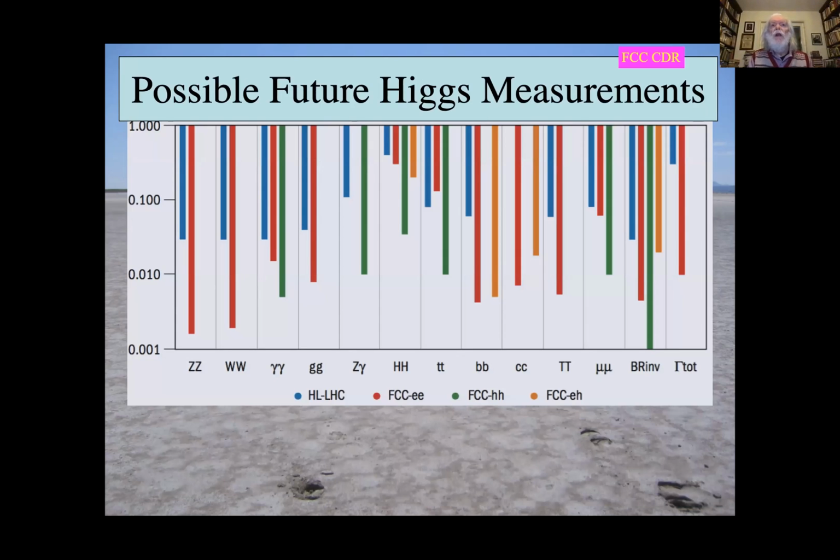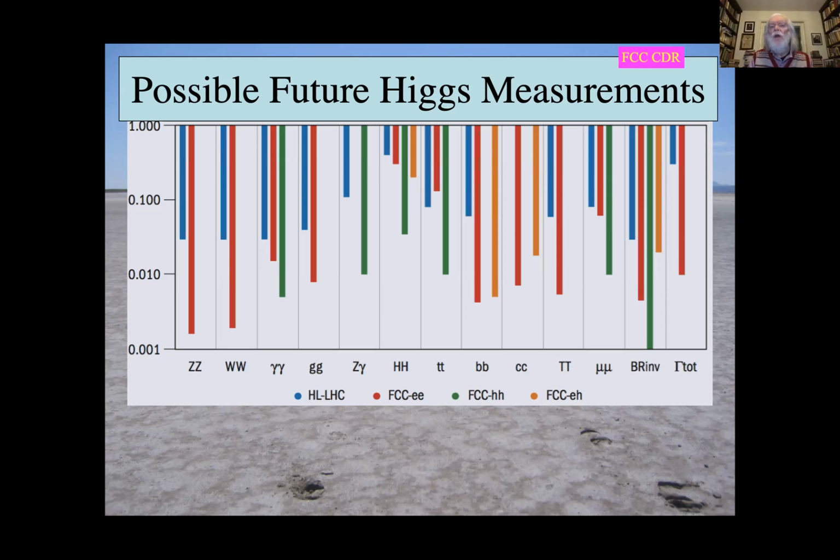So here's a slide where I illustrate the possible accuracies of future Higgs measurements. So this is taken from the CDR for the FCC project being proposed in Europe. They're very similar results for the CEPC and SPPC projects being proposed in China.